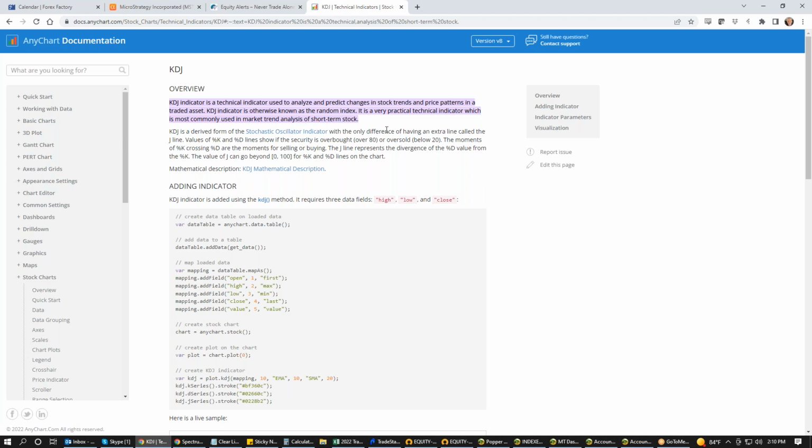KDJ indicator is a technical indicator used to analyze and predict changes in stock trends and price patterns in a traded asset. KD indicator is otherwise known as the random index. It is a very practical technical indicator which is most commonly used in the market trend analysis of short-term stock. It is derived from a stochastic oscillator indicator, with the only difference having an extra line called the J line.